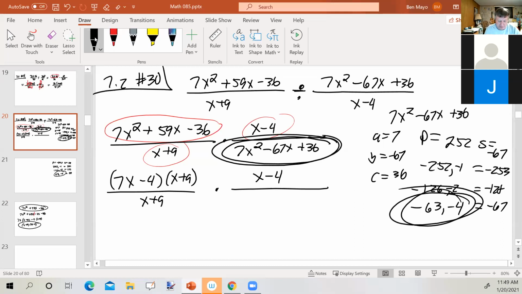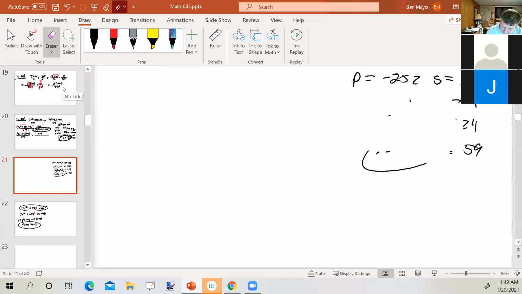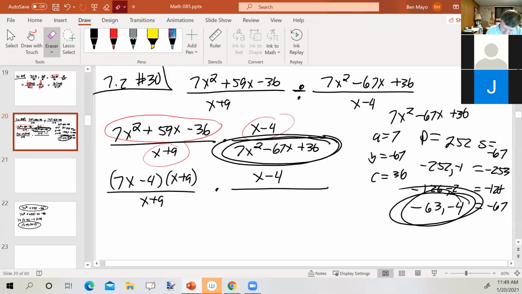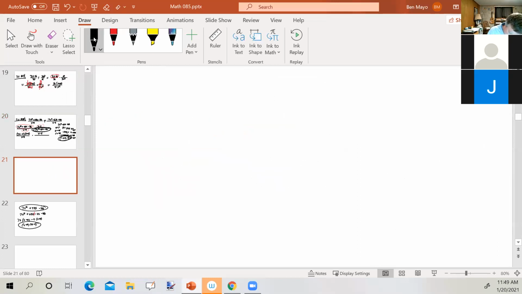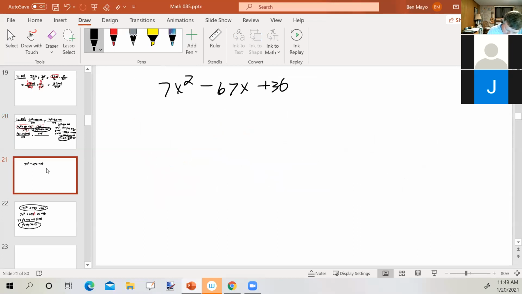All right. So here we go. Let's see, I've got 7x squared minus 67x plus 36. Is that right? Okay, and then minus 63 minus 4.